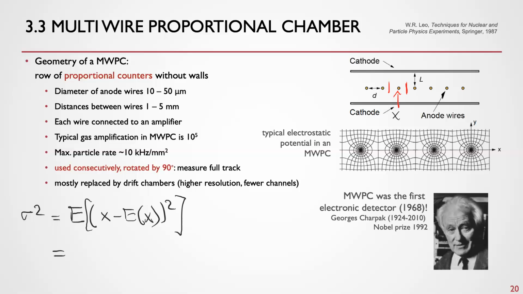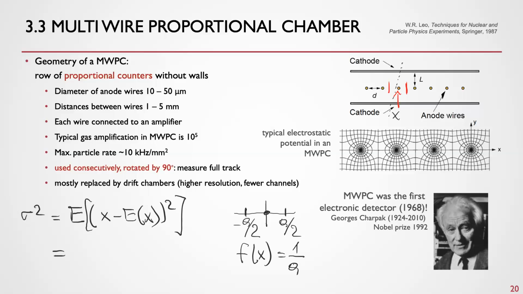So that means, let me make a drawing here. If that's our wire, that's half of the distance to the next wire. Our assumption on the probability of the position of the ionization signal, let me sketch it here: f of x is a constant, and it's 1 over a.